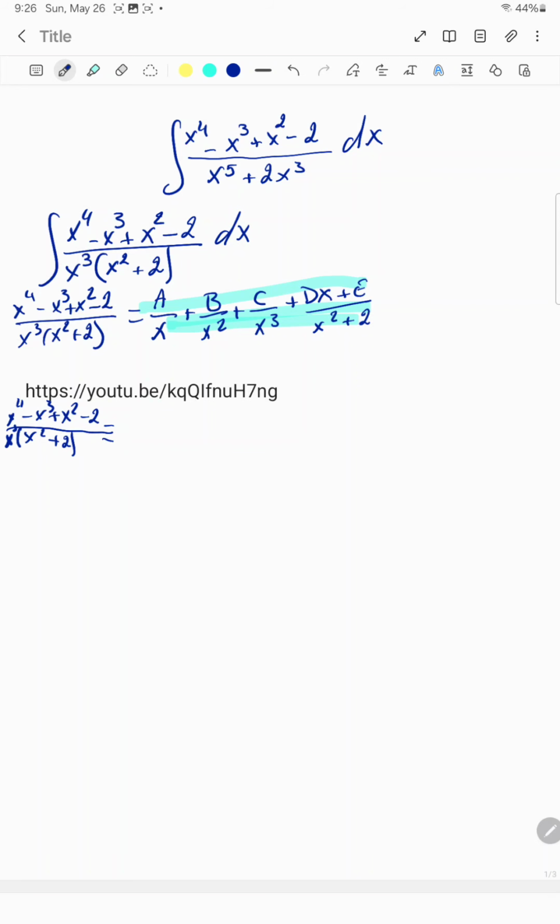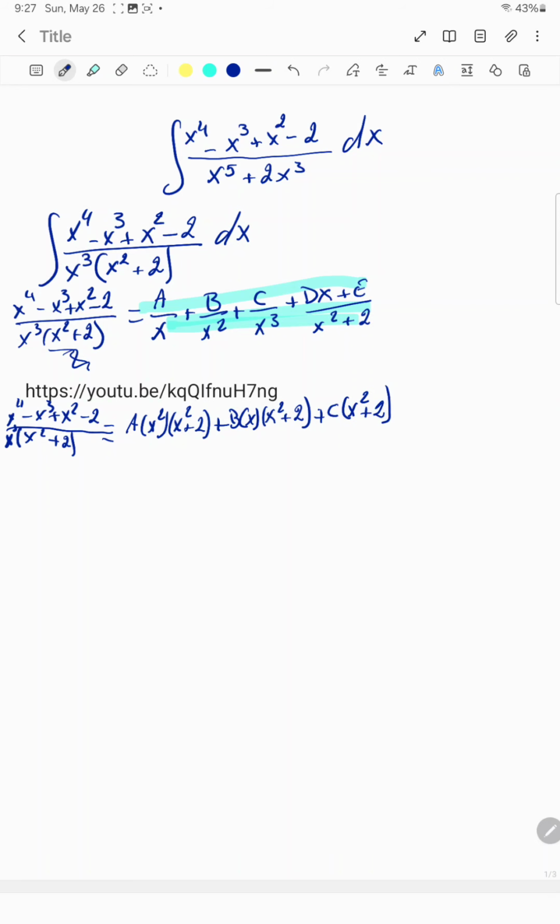to, like, if I divide by the denominator that is here, I would have x squared times x squared plus 2. So I multiply my a by x squared times x squared plus 2. If I divide my b by that denominator, I would have b times x squared plus 2, and my c becomes c times x squared plus 2.